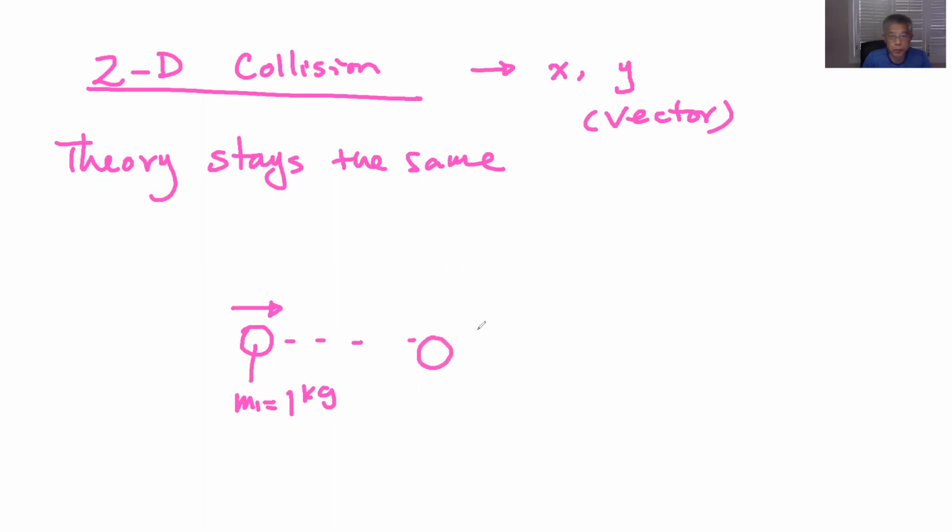So when this comes over, after the collision, this M1 goes this way, for example. So this is V1 prime, okay? And this is V1, let's say equal to 1 meter per second. And V1 prime, let's just say that's equal to 1/2 meter per second, okay?